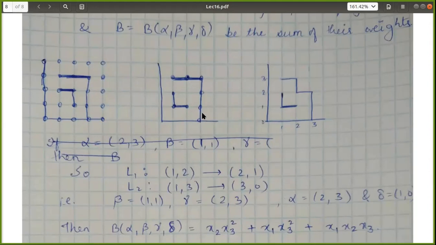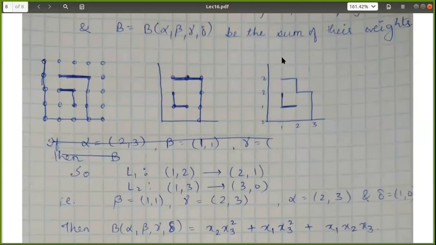Now you come to the next lattice. What is the weight of this lattice? x2, x1. And the weight of this lattice? x3 squared. So the weight of this entire two path is x1 times x3 squared.